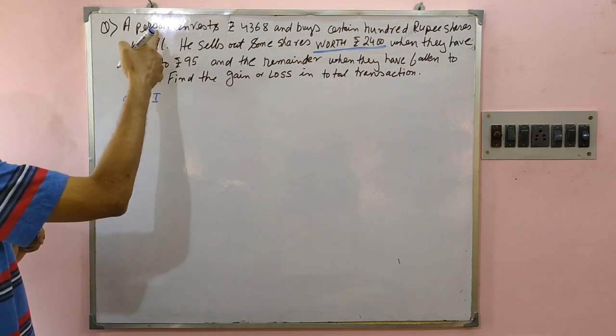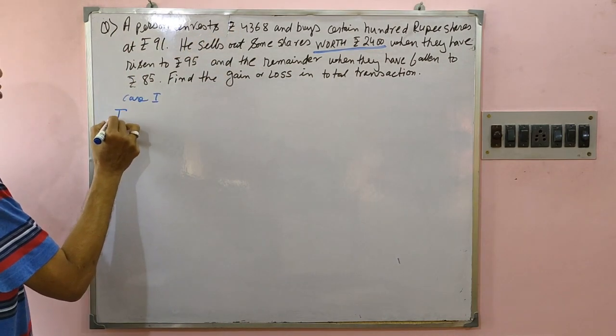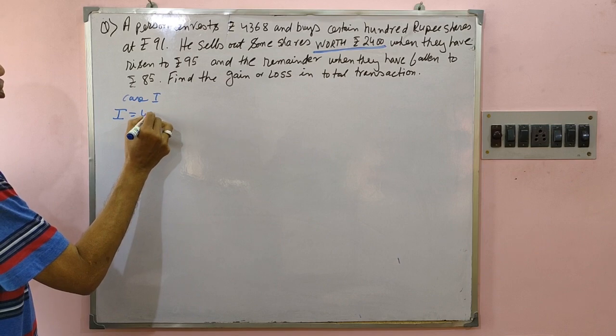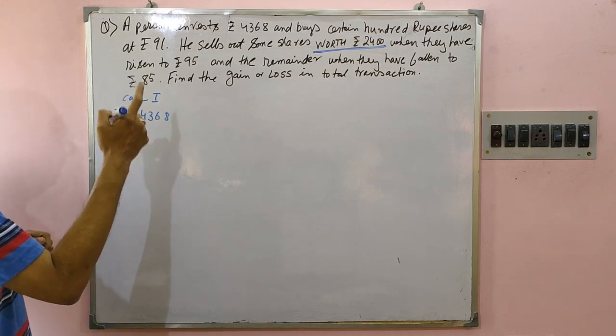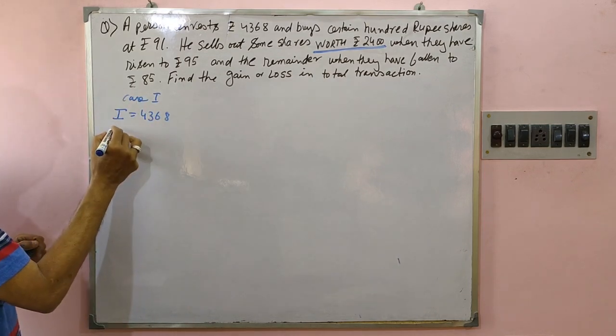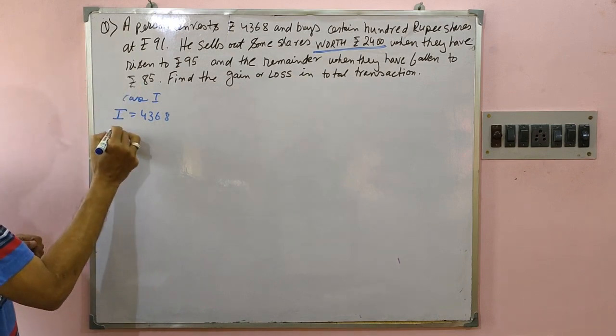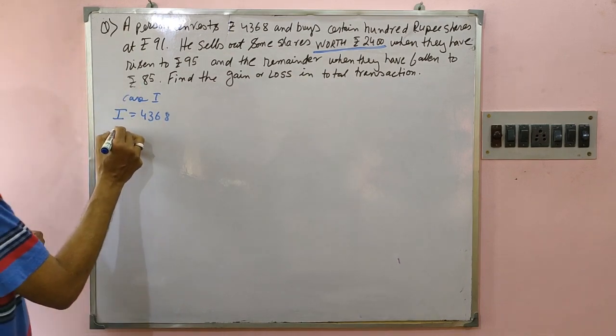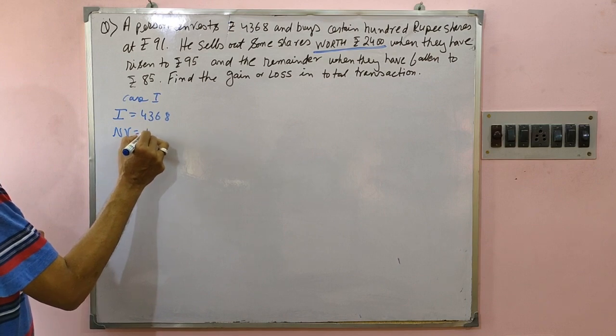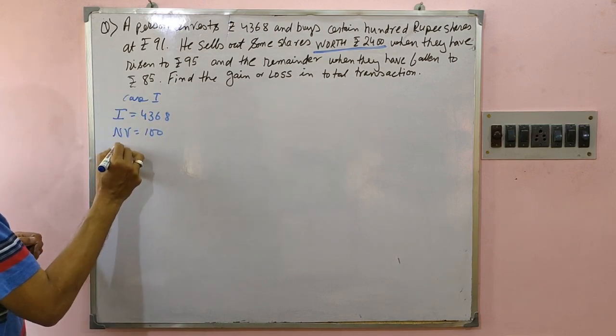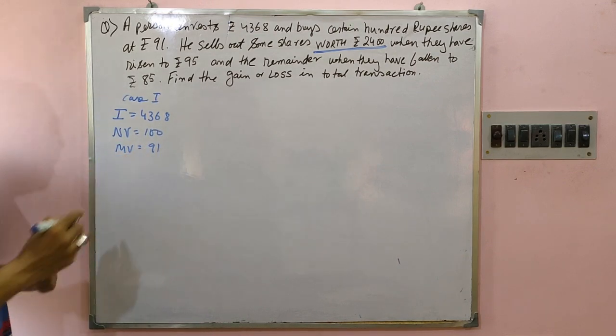Case 1: a person's investment is 4368 and he buys certain 100 rupee shares. I do not know the number of shares, but nominal value is 100 and market value is 91.